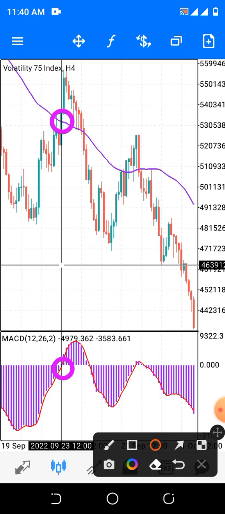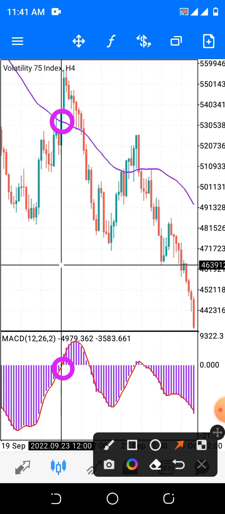an appropriate stop loss. The right stop loss for this particular strategy is, once you make your entry, a little bit above or a little bit below the moving average. If you are buying, your stop loss should be just below the moving average.